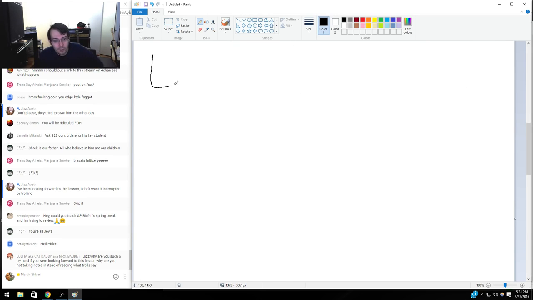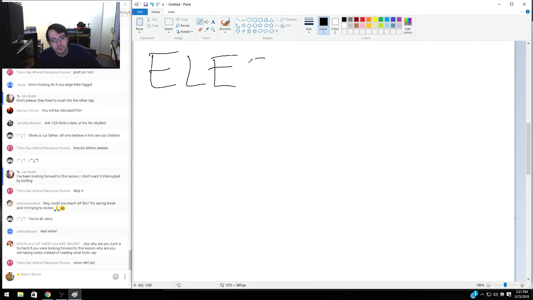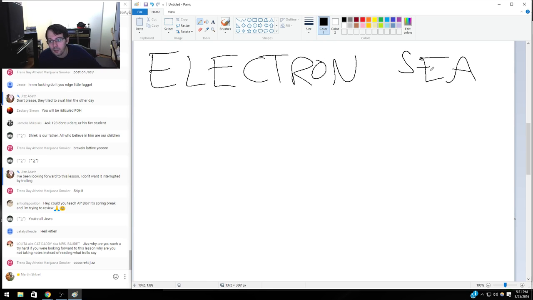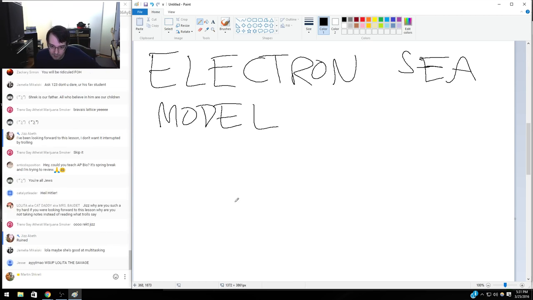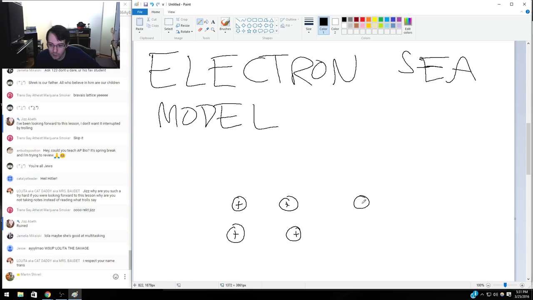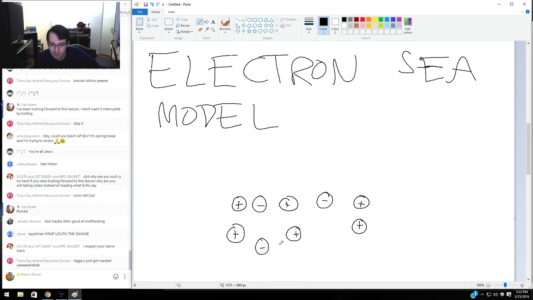So we use something we call the electron sea model. That's the most basic model. You probably learned about this in grade school if you studied chemistry in grade school. The electron sea model is this concept that the metals exist as cations, and then you have a sea of electrons just floating around within those.